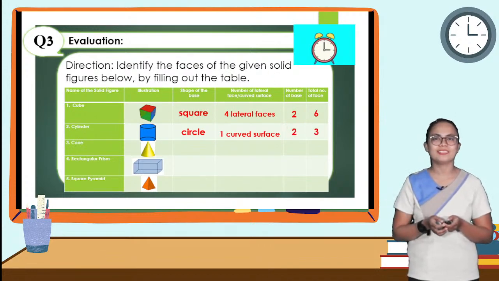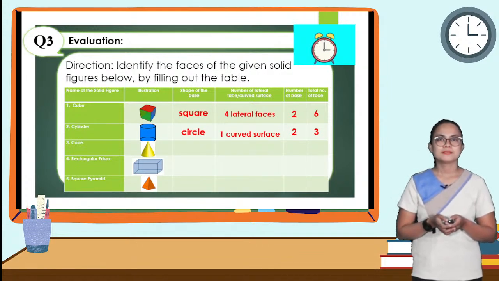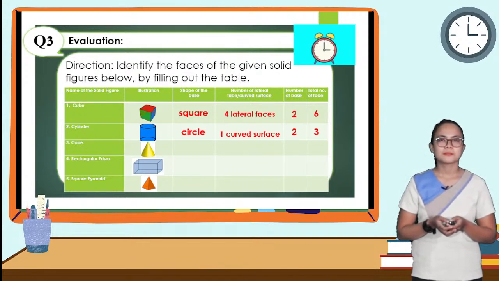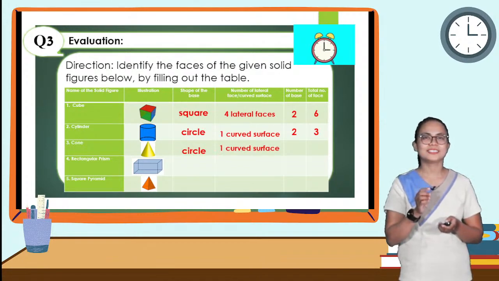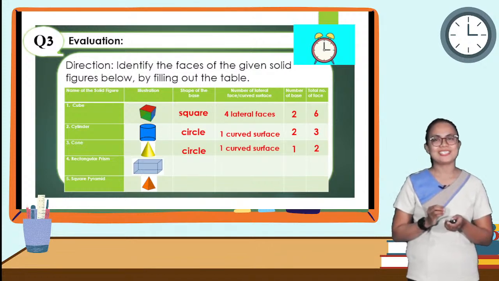How about number 3? Your time starts now. Great. The shape of the base, we have circle and 1 curved surface, 1 base, and 2 total number of faces.